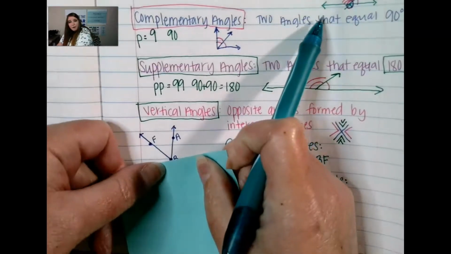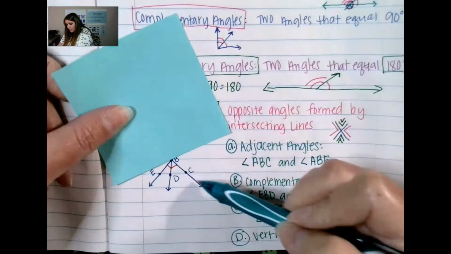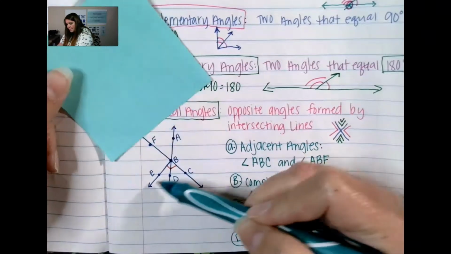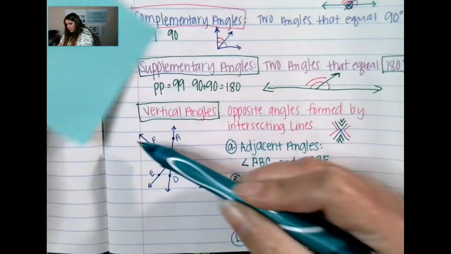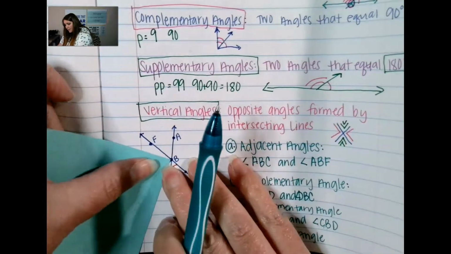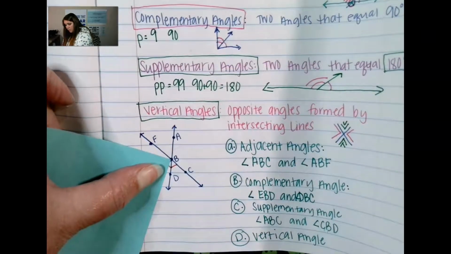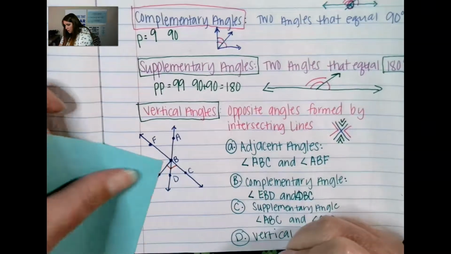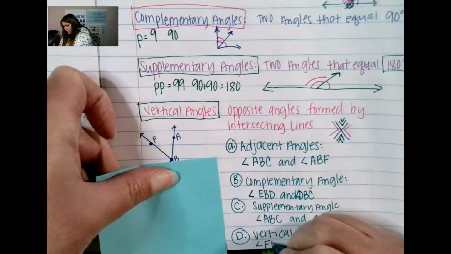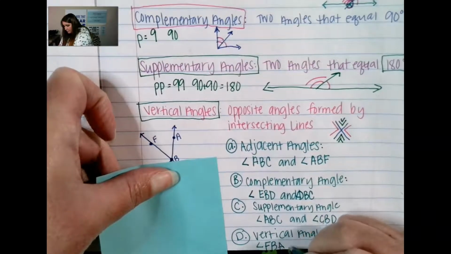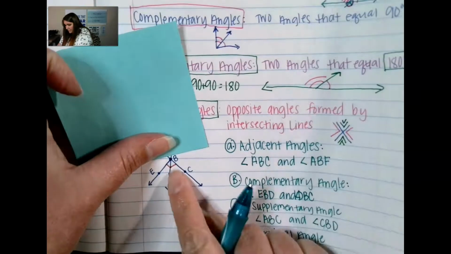If I cover this up, I have a V right here, but then opposite of it, I have another V right here. If I did this, I don't have a V over here that's opposite. So if I get rid of that E right there, this is opposite of this, okay? So my vertical angles are angle FBA and, opposite, DBC.